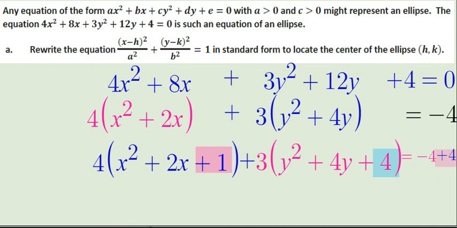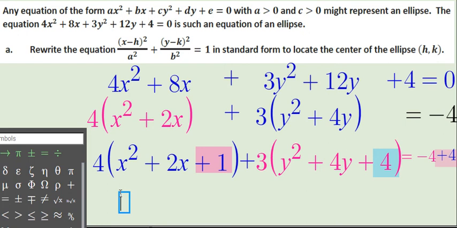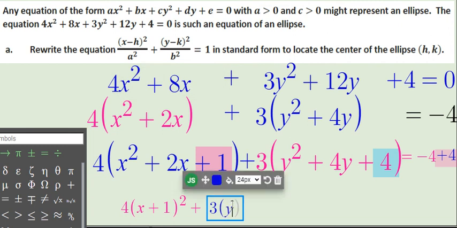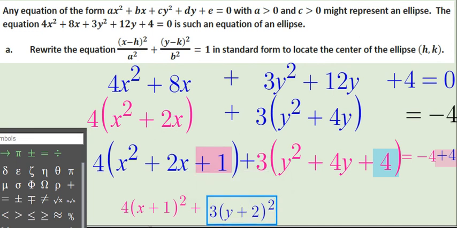So I can say 4 times the quantity x plus 1 squared plus 3 times the quantity y plus 2 squared equals, and here we just sum these together. 4 plus 12 is 16, and 16 minus 4 is 12.